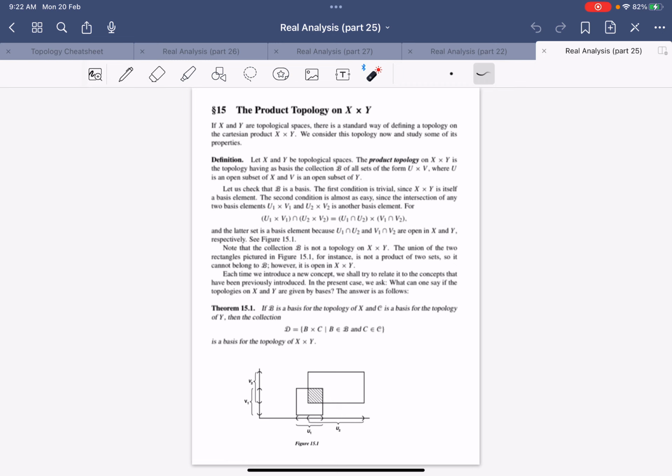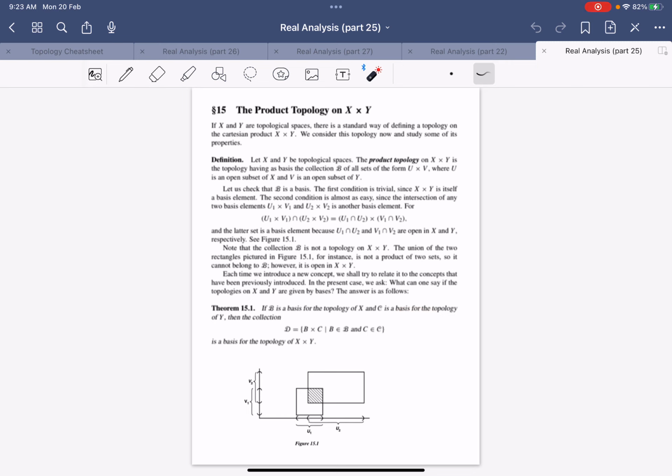The next style of topology that we want to talk about, that is also very common, is known as the product topology. And basically, the product topology is defined between two topological spaces, and you just take the Cartesian product of the two spaces. So you can think of it as a real line, and then now you have the y-axis, so it's the whole plane now.